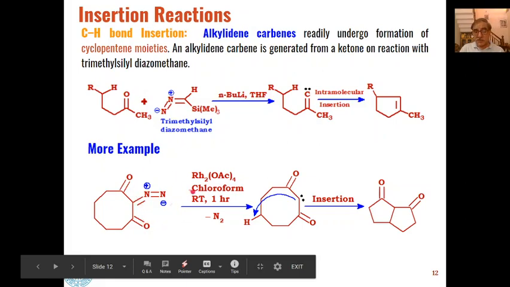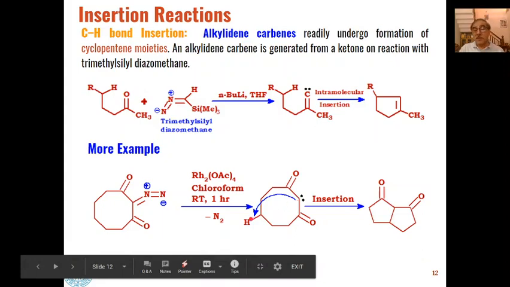When this is reacted with rhodium acetate, we know that with the removal of a molecule of nitrogen, we will get a rhodium carbenoid complex at this position, and then this carbene will add to this carbon hydrogen bond, and insertion reaction will take place to give us these types of diketones as the product.